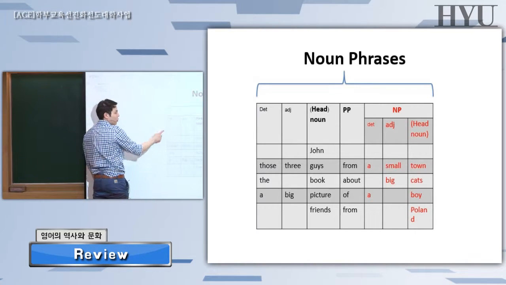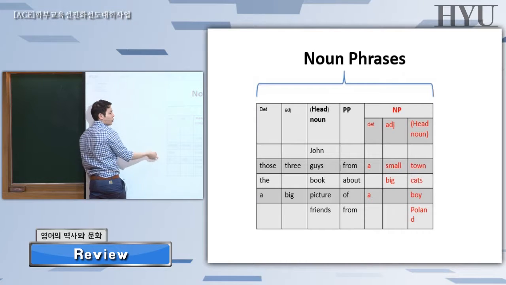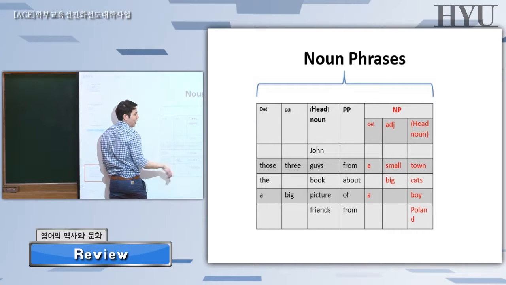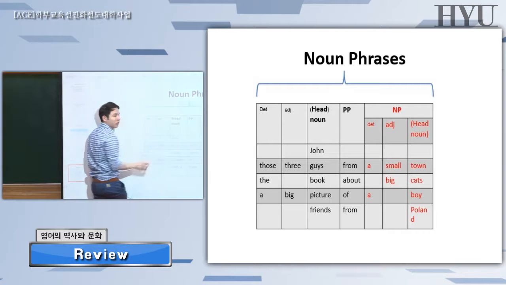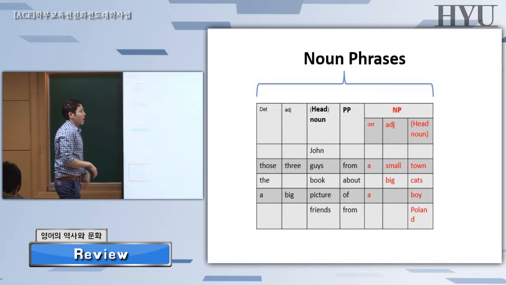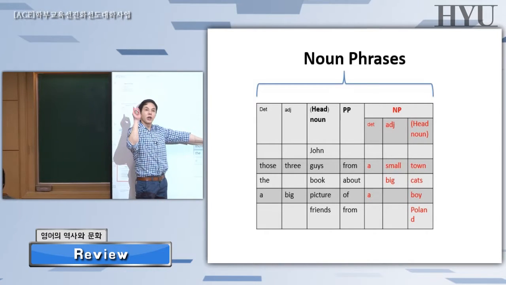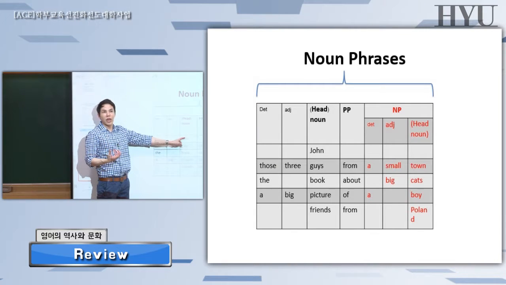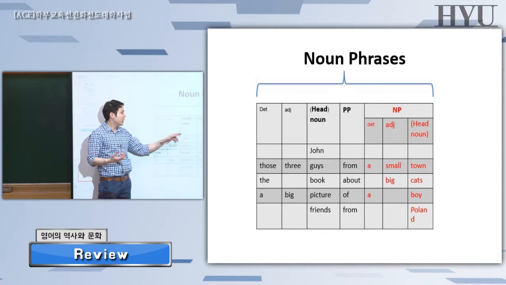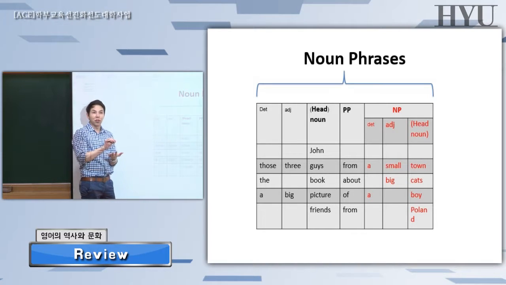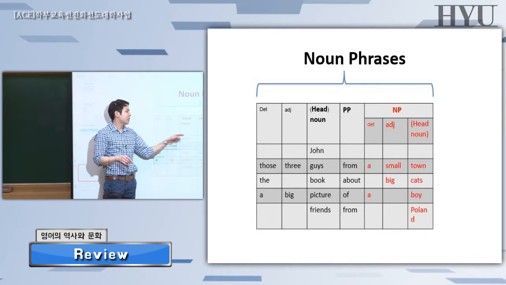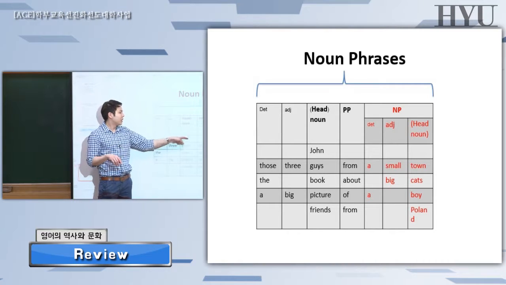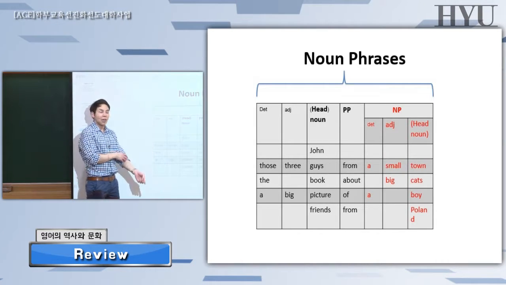For example, you can have a determiner, you can have an adjective, you can have a prepositional phrase afterwards. Okay? Like John, just one word, is a noun phrase because you have the head word, which is a noun. And you can have other things. So these are the slots that are available to be filled. But it's just that these slots are not filled. But still, John is a noun phrase. Okay?